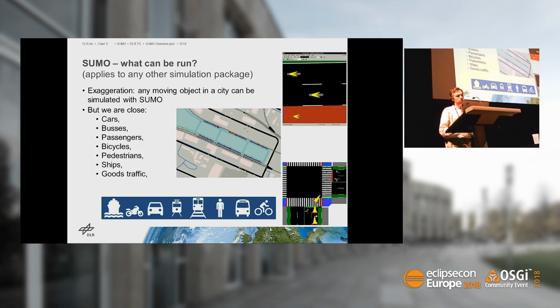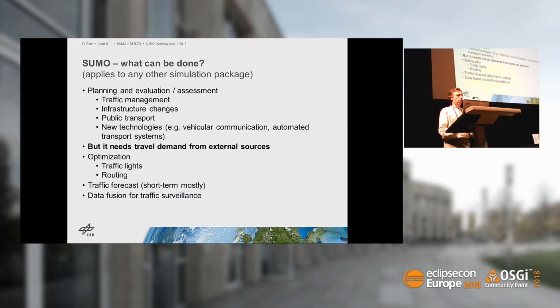We did even ships, although I have to admit that ships are more or less slow vehicles on blue roads in our simulation. But nevertheless, people sometimes only want to visualize some goods transport over different modes of transport, and then it's a good idea to have something like a ship or a truck ready, which can transfer goods on a river. Okay, what can you do with it in general?